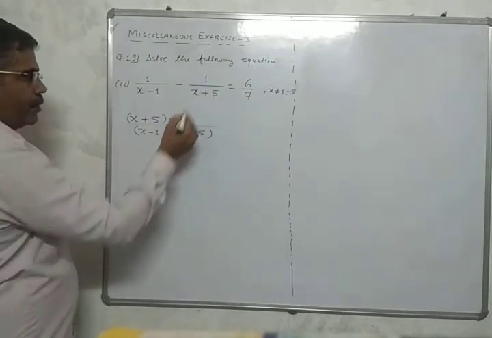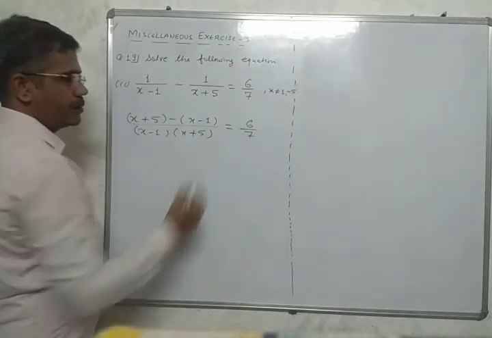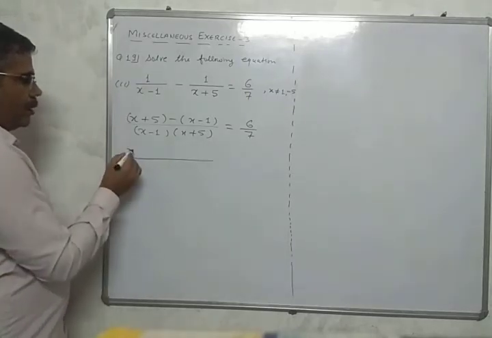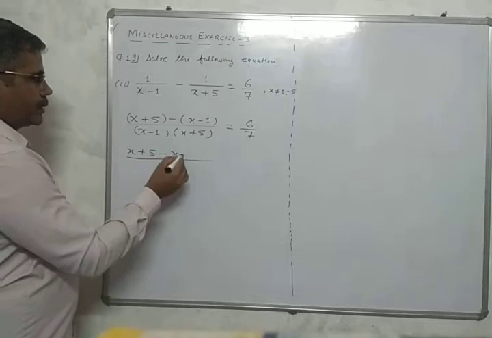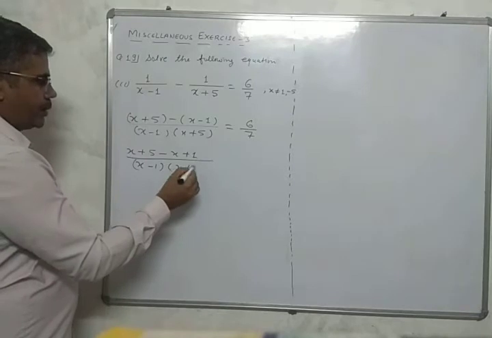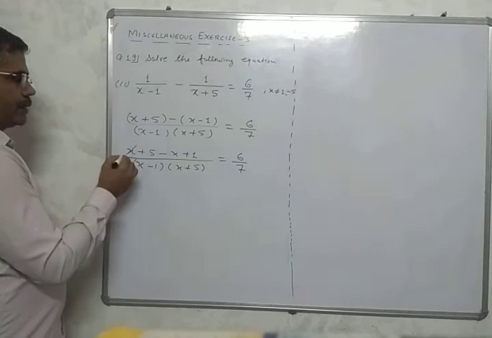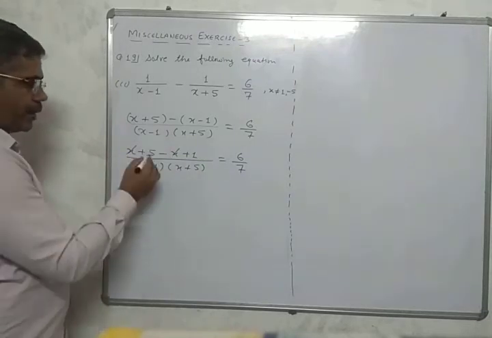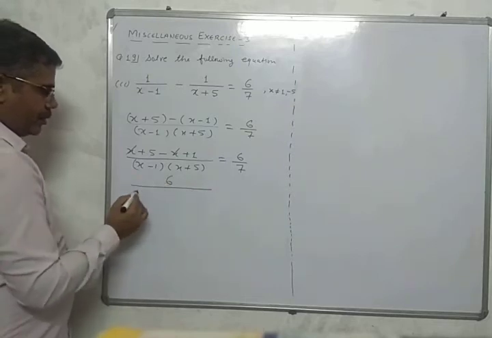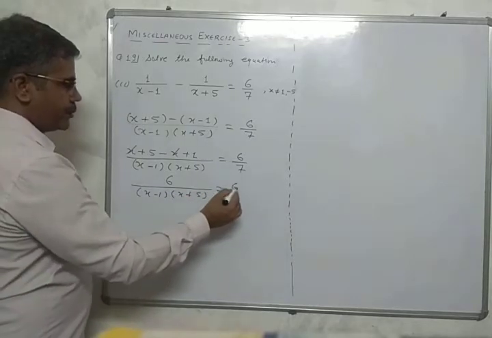We multiply by 1, x minus 1 equals to 6 upon 7. x plus 5 minus x plus 1 upon x minus 1 into x plus 5 equals to 6 by 7. Plus x and minus x cancel out. 5 plus 1, 6. x minus 1 into x plus 5 equals to 6 upon 7.